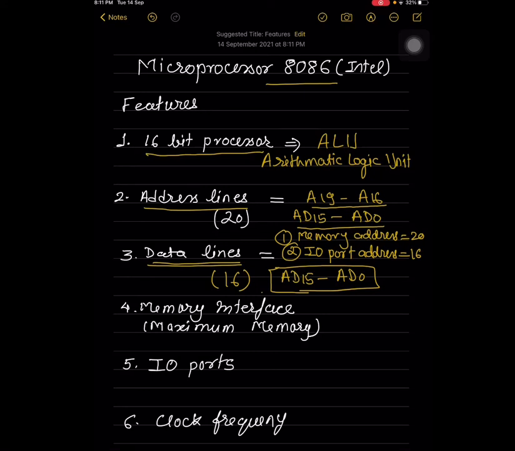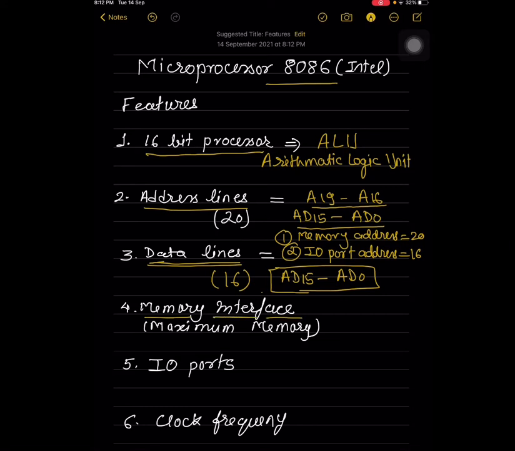So the processor can read data from memory or write data into memory, or it can read data from an input device or write data into an output device, and this reading and writing operation is carried out through the data lines, for which the number of lines available is 16. So at one time the processor can transfer 16-bit data to any device, or read 16-bit data from any device. The next important feature in 8086 is its memory interface.